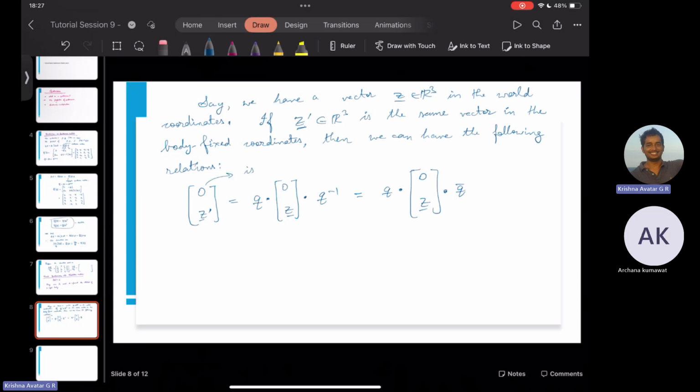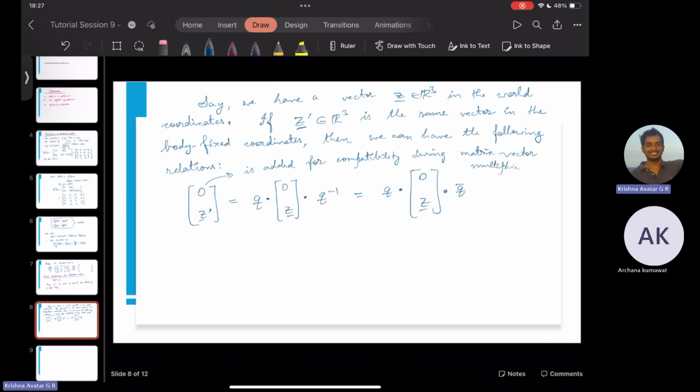So the 0 is added just for compatibility requirements during matrix vector multiplication operations.